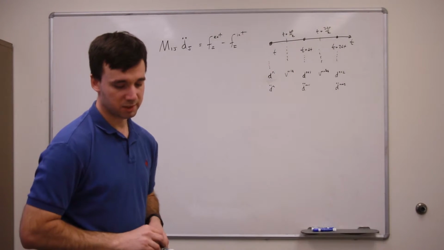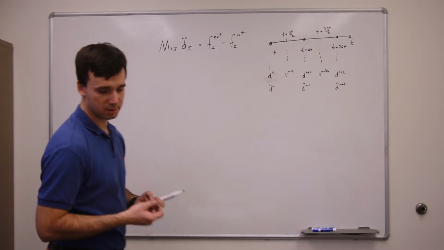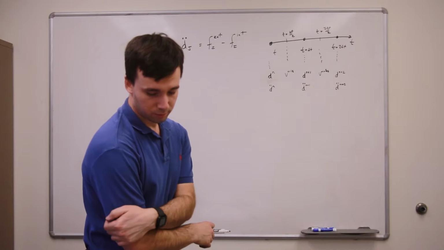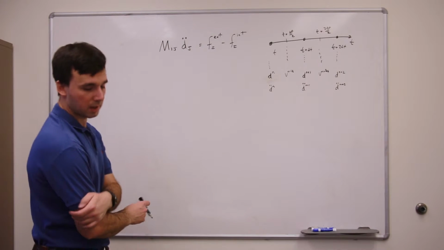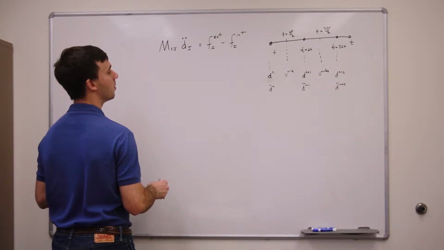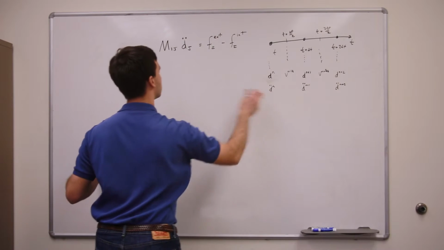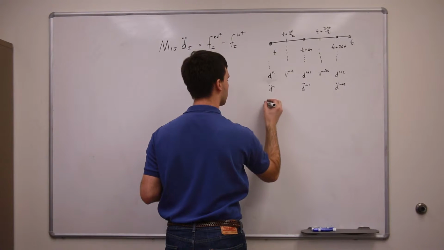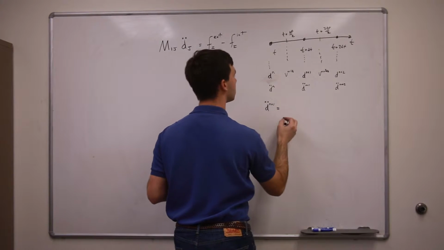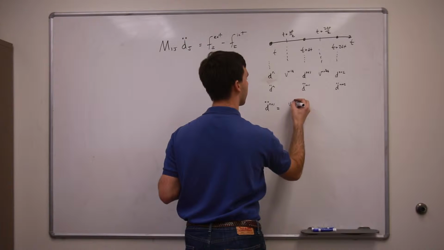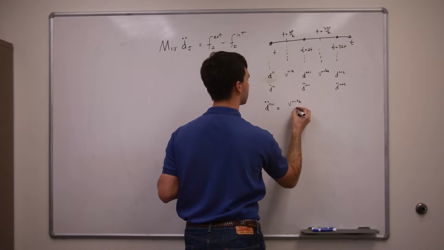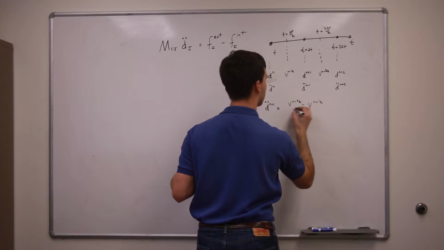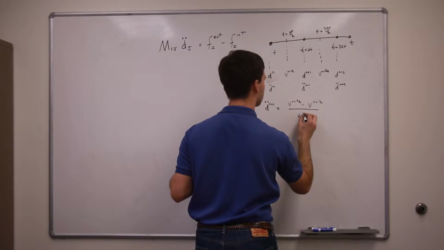And this lets me use a second order accurate integration rule based on a central difference, which means the accuracy is proportional to my time step squared. And so basically I can say that my acceleration, d at n plus 1 double dot, is going to be equal to v at n plus 3 halves minus v at n plus 1 half divided by delta t.